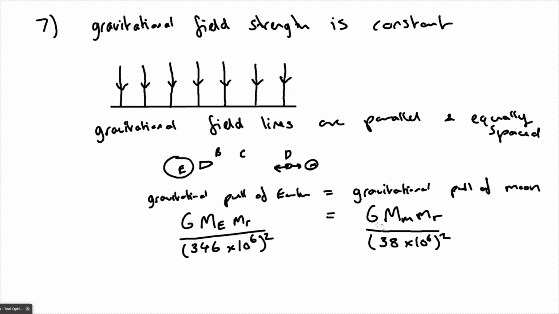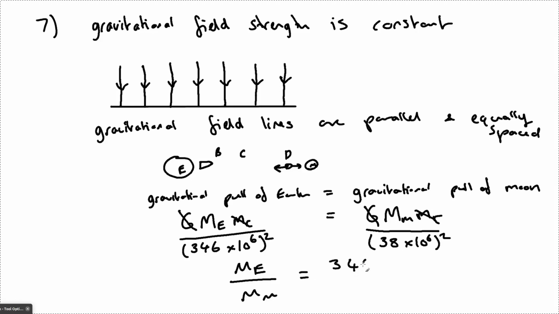Now we can do some cancellation once we've equated those. Obviously big G, the gravitational constant, occurring on both sides, we just cancel that out. The mass of the rocket is going to cancel out as well. So we can rearrange this equation to say, look, mass of Earth over mass of Moon, just dividing through both sides by the mass of the Moon, and then multiplying both sides by 346 times 10 to the 6 squared.